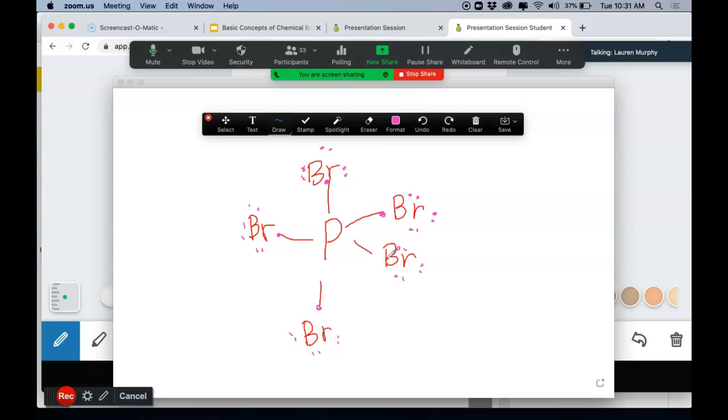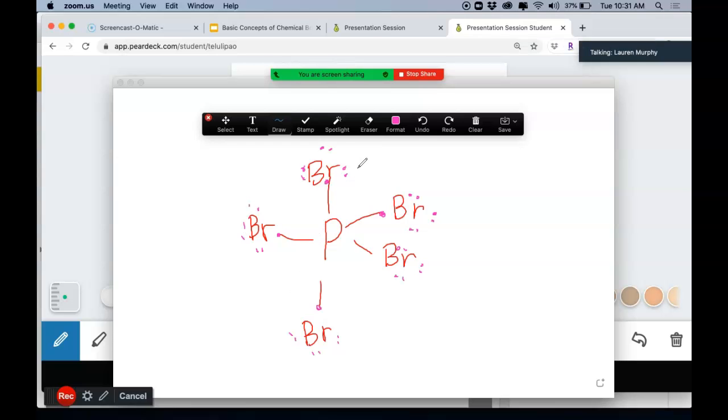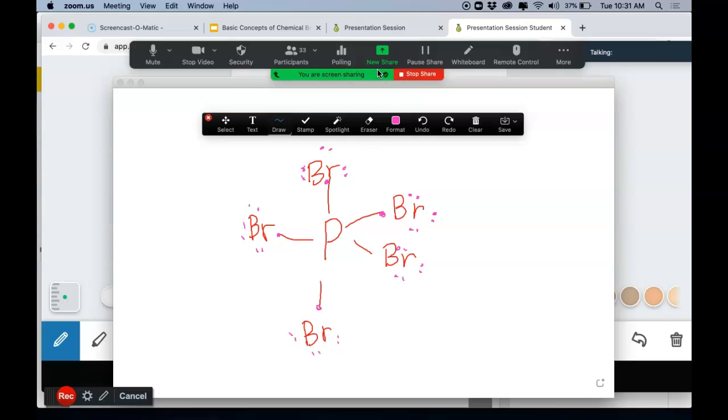Okay, so this is what PBr5 would look like. All 5 of phosphorus's valence electrons are being used in a chemical bond. Questions?